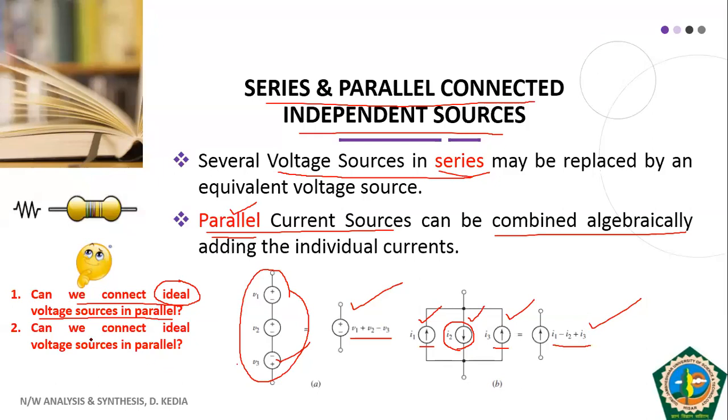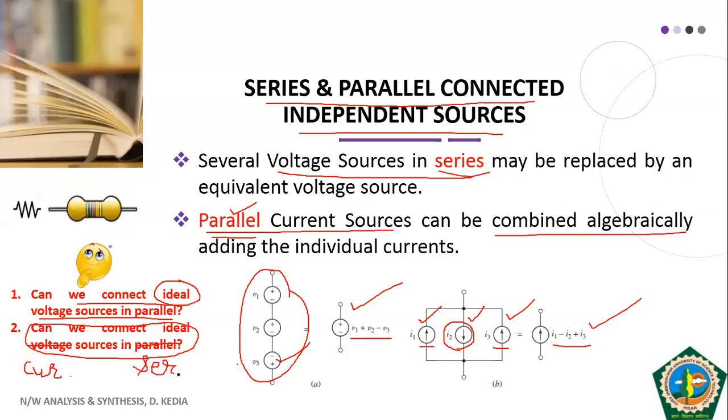Fine. Sorry, in the second question I mistyped it. This will be: can we connect ideal current sources in series? This is some mistake from my side. So this will be current sources, and this will be in series.